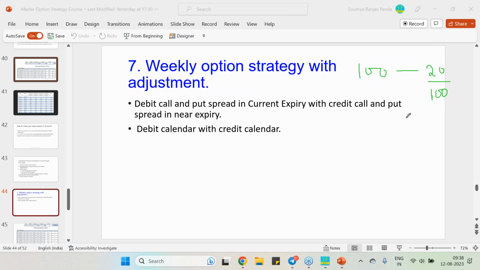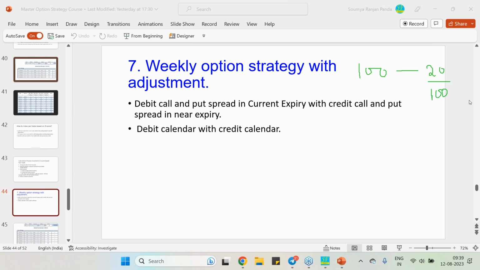How is the theta calculated? Whatever the time value is in the option, divide that by the number of days till expiry, and that is your theta. How will you calculate the Vega in these weekly options? Suppose a 1% change in volatility happened. Before the change in volatility, what was the premium, and after the change, what is the premium?